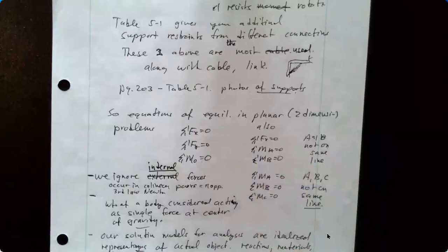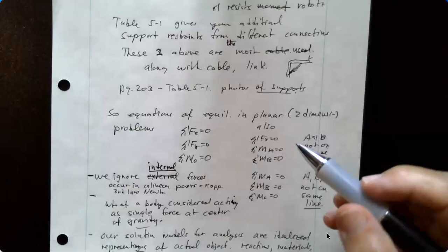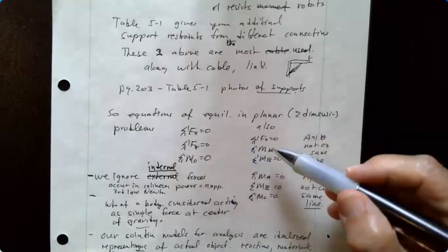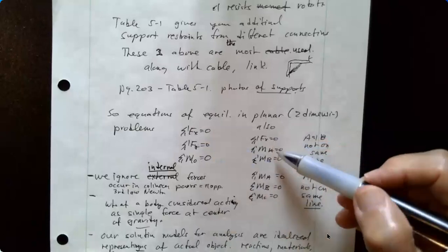So when you work a problem on an exam, I'll show you how you can check to see that at least your math is correct. And really, depending on the problem, the whole problem is correct with this check equation that you have. So instead of these three equations, you could also have sum of forces in the x, sum of moments about A equals 0, and sum of moments about B equal to 0.